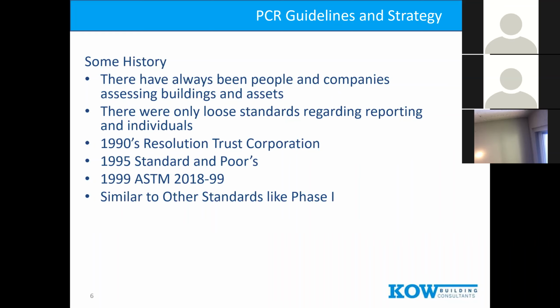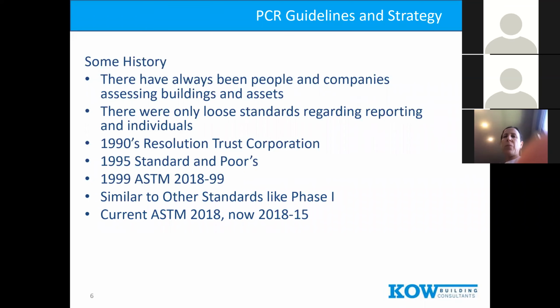So it is similar to other standards like the phase 1, and it notes to you what you should and should not do, or can and cannot do in doing a property condition assessment and issuing a property condition report. What's the current version? 2018-15. In 2015, they gave an update. They added some things. They gave a little more detail on handicap accessibility tables.